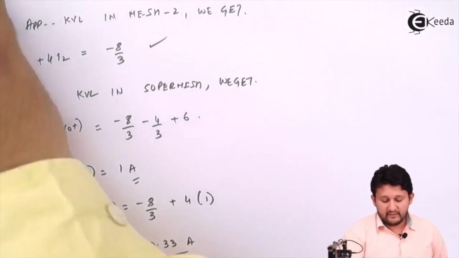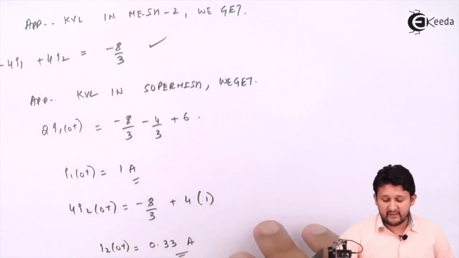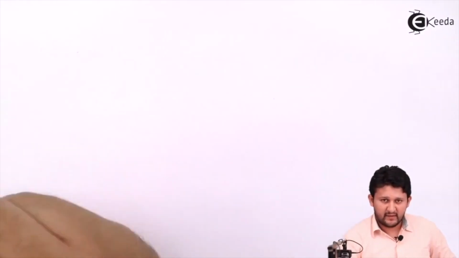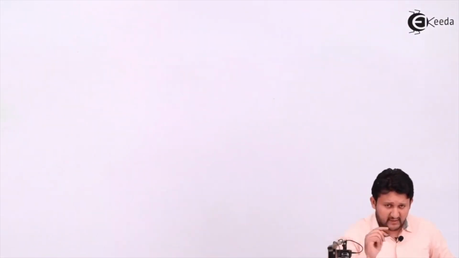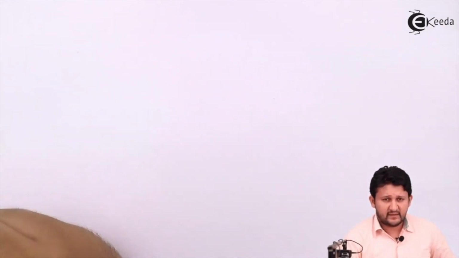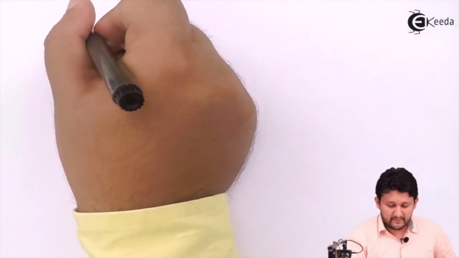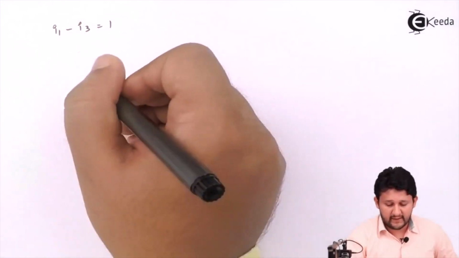Now when you say super mesh, the second equation which you obtain is from the current source. When you see the current source, the current is flowing in a downward direction and you have 2 adjacent currents, I1 and I3. Just carefully observe which currents are flowing through that current source, and if you see it, your I1 is following that current source, so your value will be I1 minus I3 equal to 1 ampere.